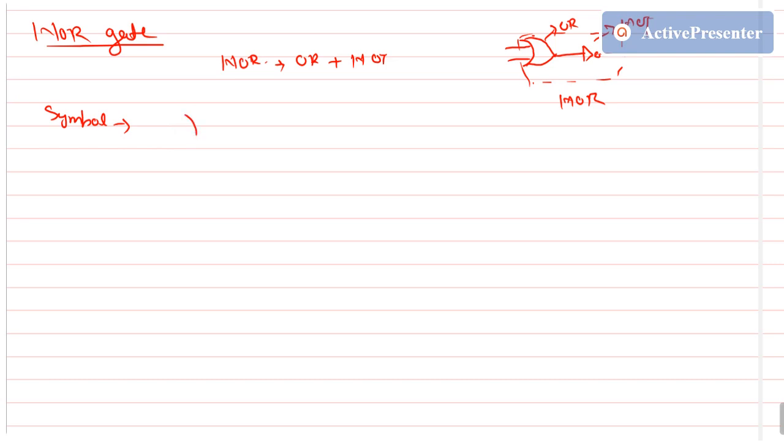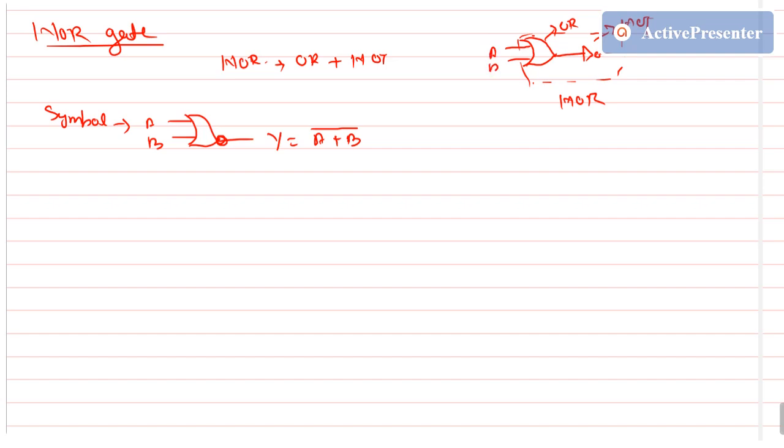The figure is like this, and for NOR you have to put a NOT here. So this circle means NOT. The input is A B, and your output will be Y equals (A plus B) bar. The output of the OR gate is A plus B, and as there is a NOT gate here, the output will be (A plus B) bar.